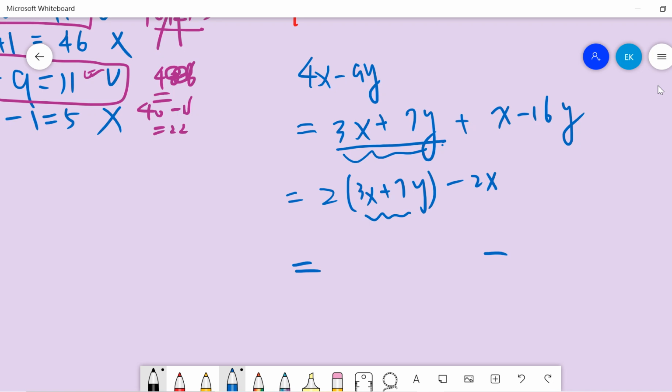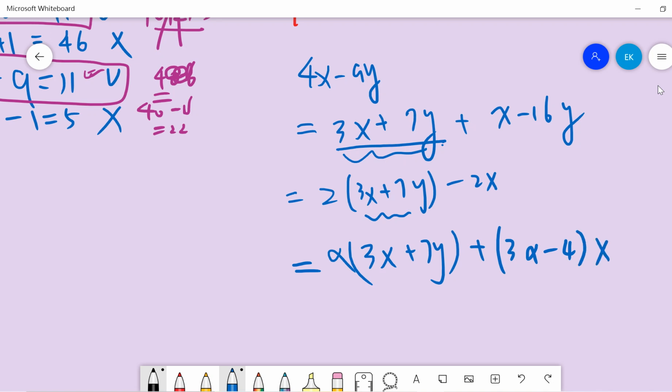Because 3x plus 7y is already a multiple of 11, I can multiply it by any alpha and try to come up with a multiple of 11. So this is 3 alpha minus 4 for x, and 7 alpha plus 9 for y.